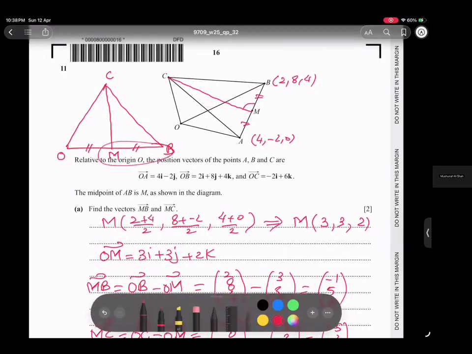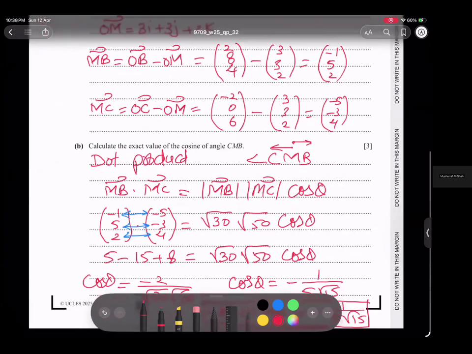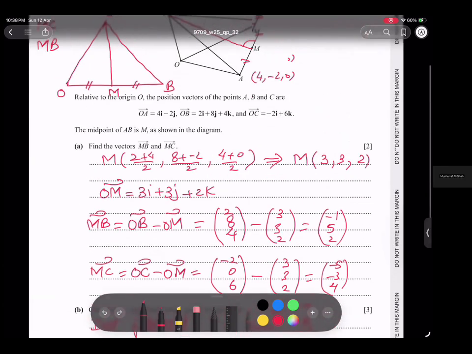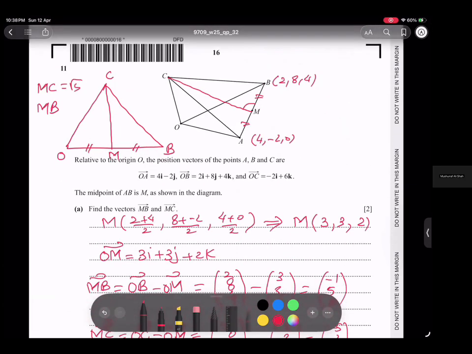MB is this one, MC is this one. So MC is root 50 and MB is root 30. These values are very important to find this. So I cut from here and bring it onto another page.